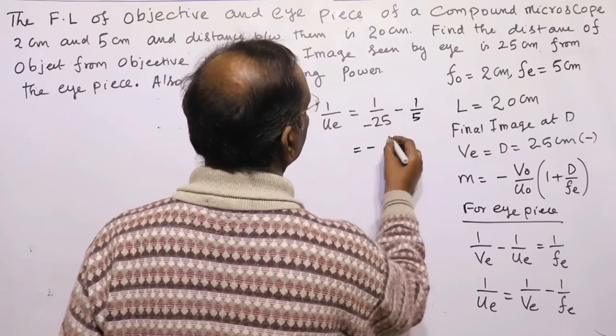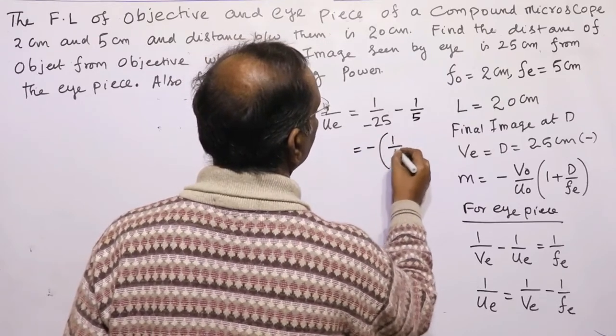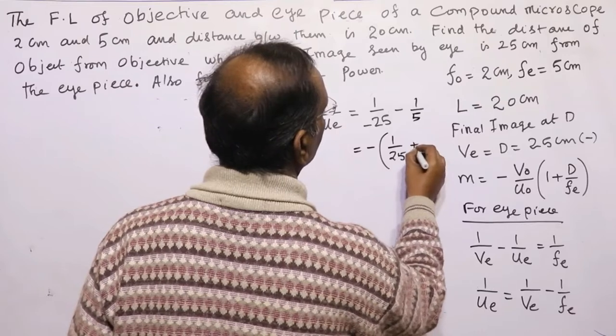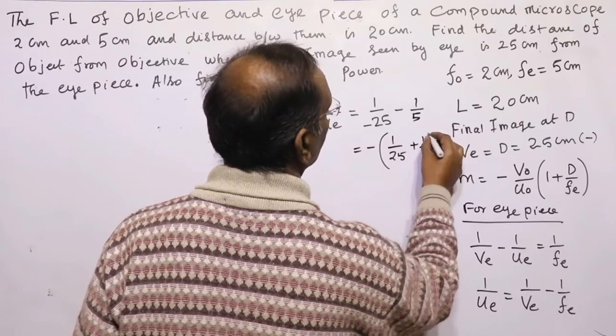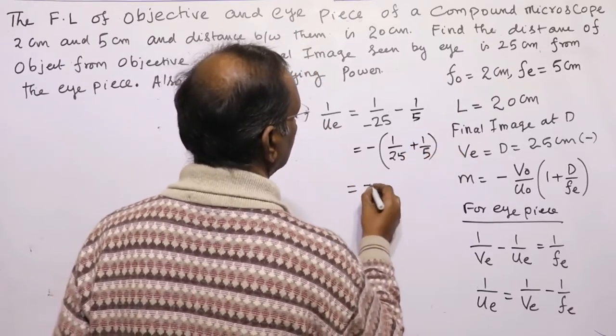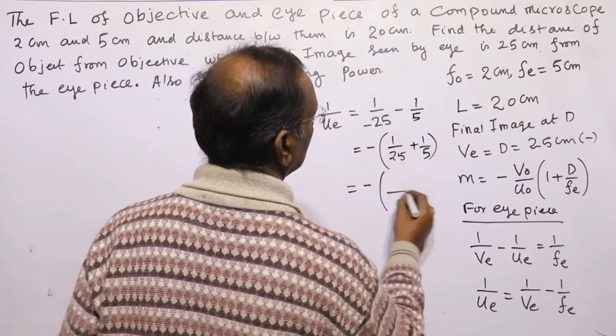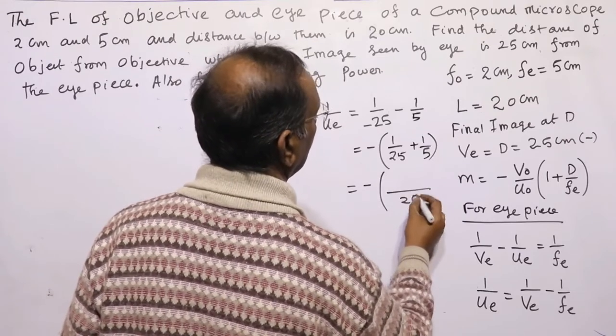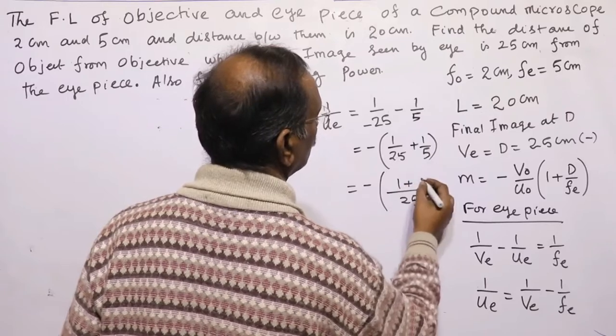So we take the minus outside. This will become 1 by 25 plus 1 by 5, which is equal to minus 1 by 25 taken as common, and this is 1 plus 5.